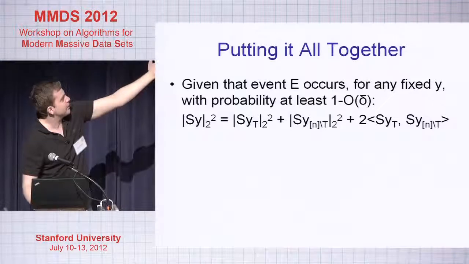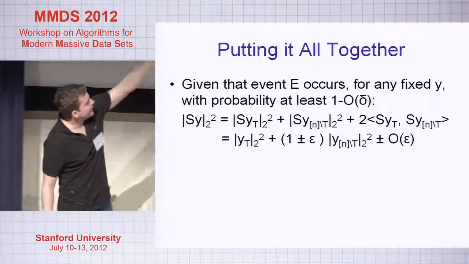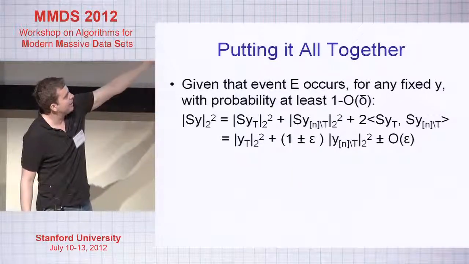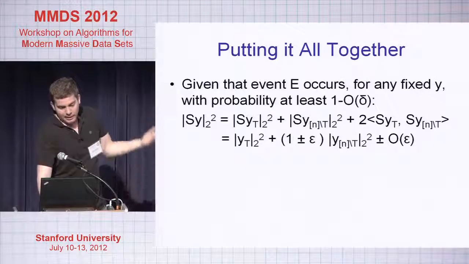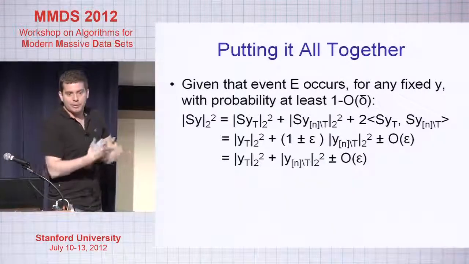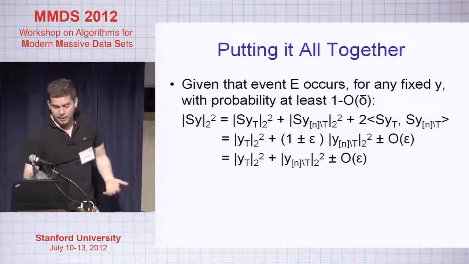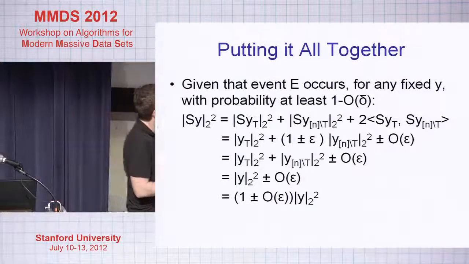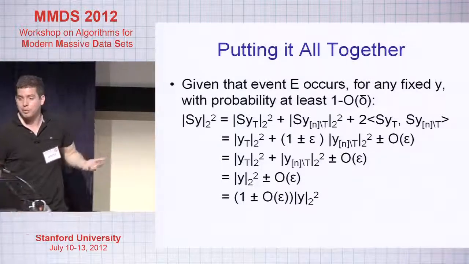So this is expansion into cross terms. We said the first term was preserved. The second term preserved up to 1 plus or minus epsilon. The last term is order epsilon. And since y is a unit vector, you can just translate this additive error into relative error. You just go through a simple calculation, and you get that this is 1 plus or minus order epsilon times the 2 norm of y squared.